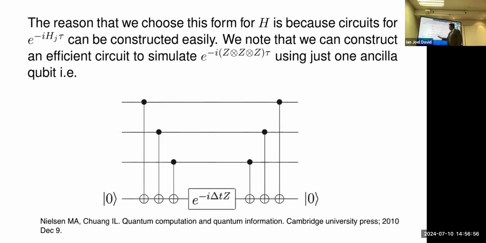It applies the phase e to the minus i delta t when the parity is even, and it applies the phase e to the i delta t when the parity is odd. I just pulled the circuit straight out of Nielsen and Chuang. Using this circuit, and of course we uncompute the ancilla here, this will apply a unitary that looks like this. So we have a circuit that already exists in Nielsen and Chuang.